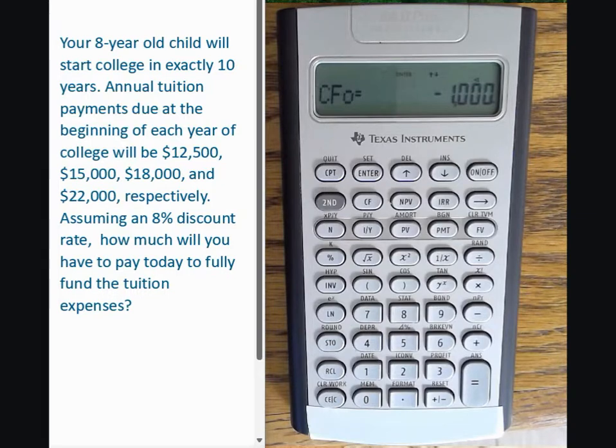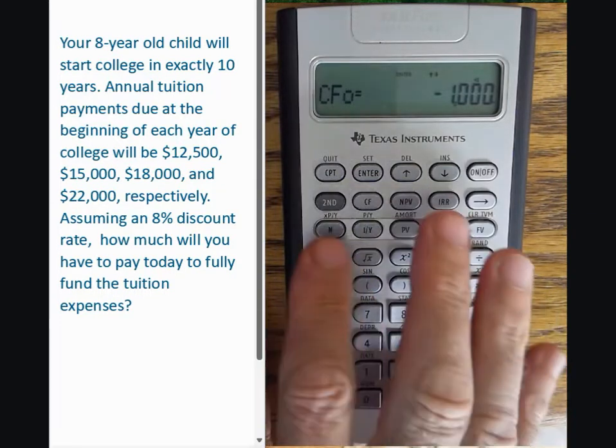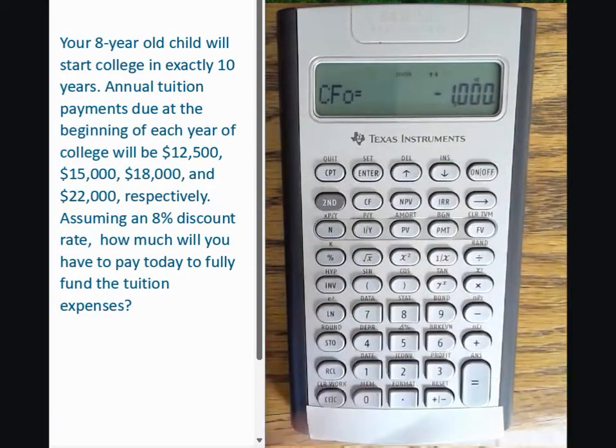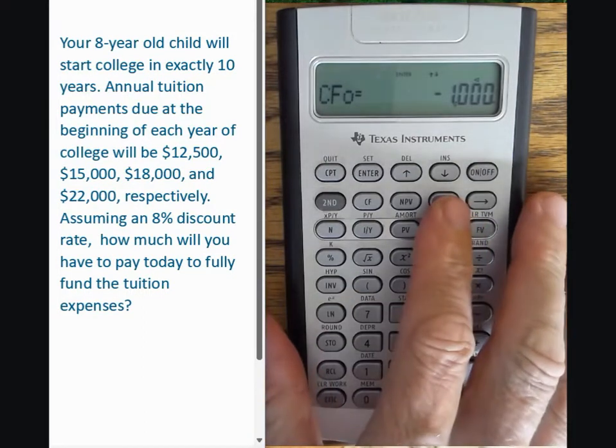It doesn't have to be an annuity like with the typical time value of money keys. We can have different cash flows at different times. We need to identify the cash flows and the timing of those cash flows for our calculator, and then we can solve for net present value, the present value of those cash flows, and also internal rate of return.